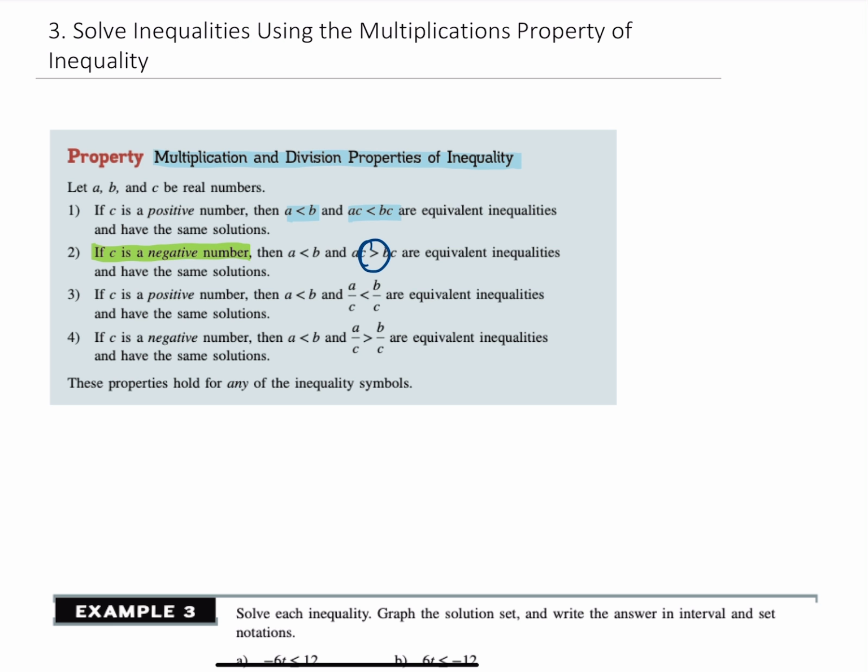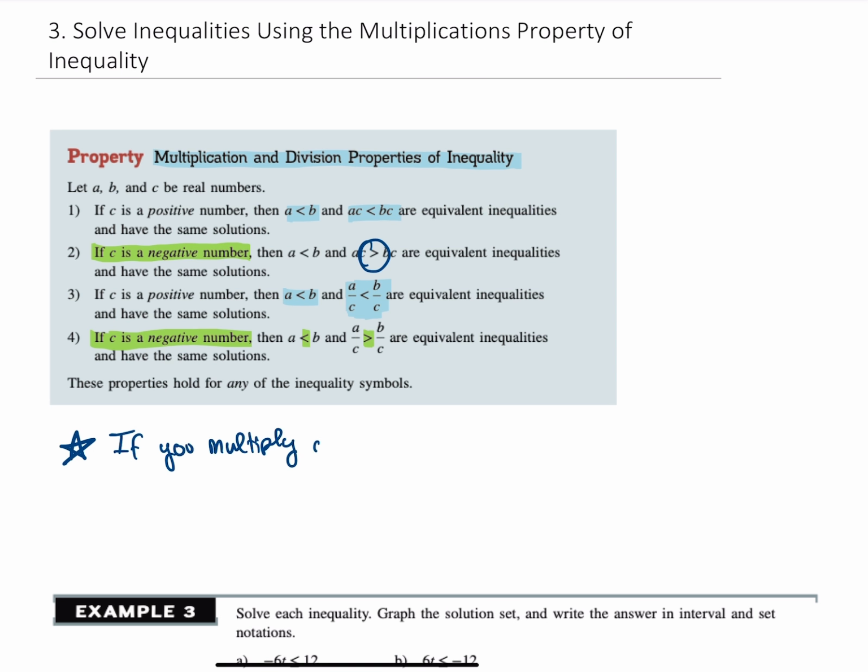We can divide on both sides. So we can divide both sides by some number. But then in a similar way, if we divide by a negative, then the direction flips. So that's the main point I'll make a special note of here.